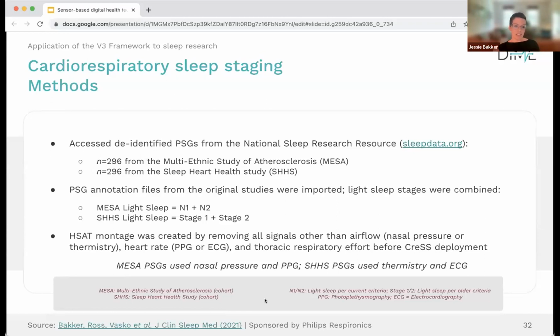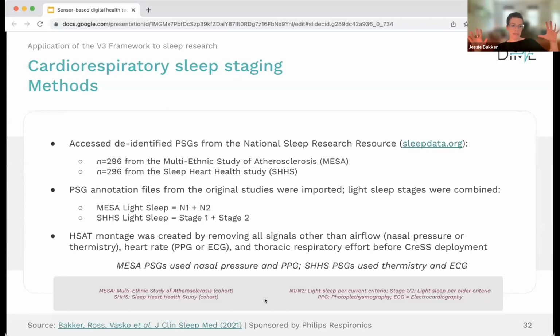So we got the PSGs and the annotation files and imported them into our software and combined all of the light sleep stages. So for MESA, we took all of the N1 and N2 epochs, combined them and relabeled them all as light sleep. For Sleep Heart Health, which was a study done now several years ago, which used the older R&K scoring criteria, we took all of the stage 1 and stage 2 epochs, combined those and relabeled them as light sleep.